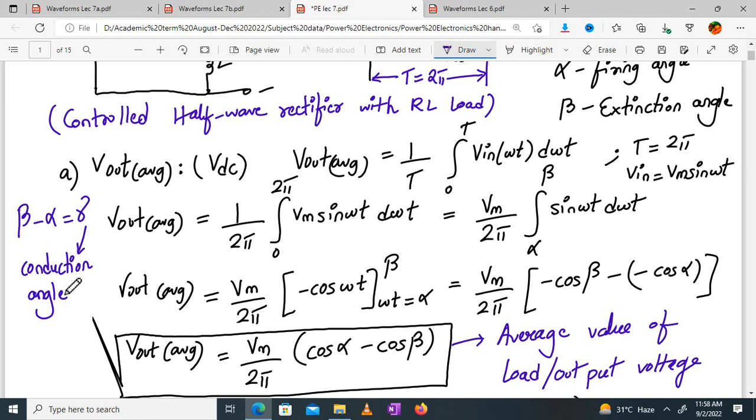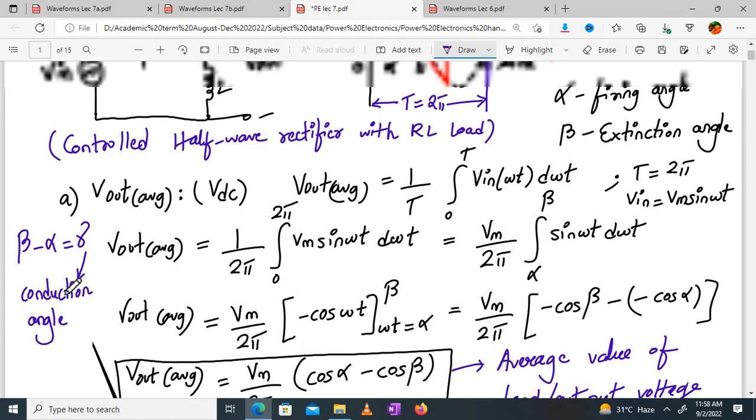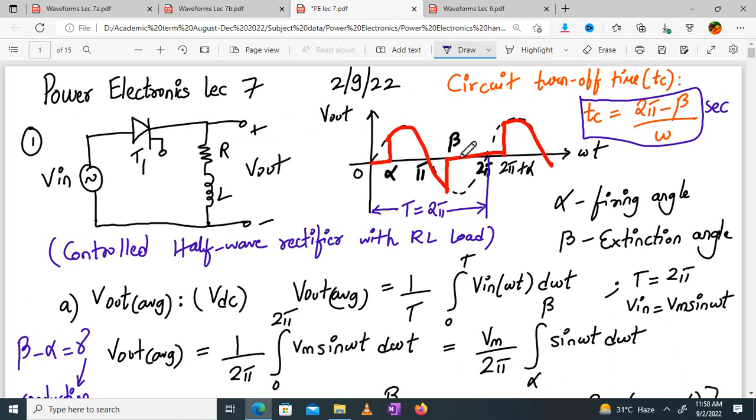So what is alpha? Firing angle or triggering angle or delay angle. What is beta? Extension angle. And what is gamma? Beta minus alpha. But why is it called the conduction angle? From alpha to beta, your SCR is conducting. So that's why it's called a conduction angle. Understood? Simple?